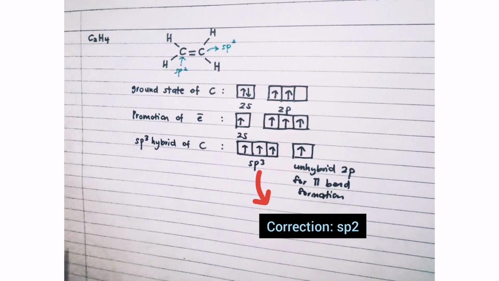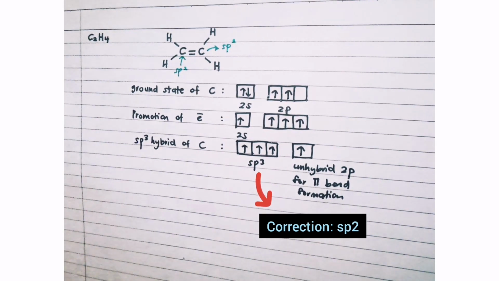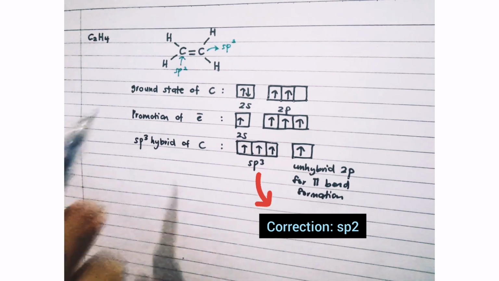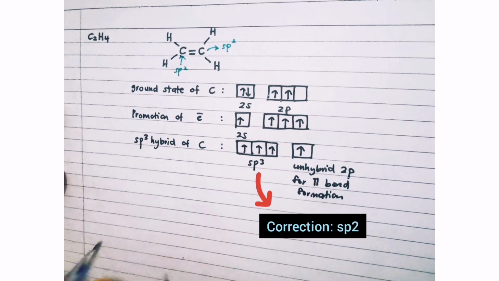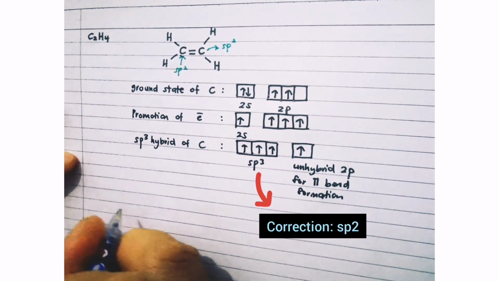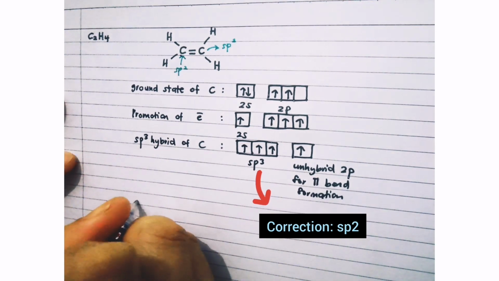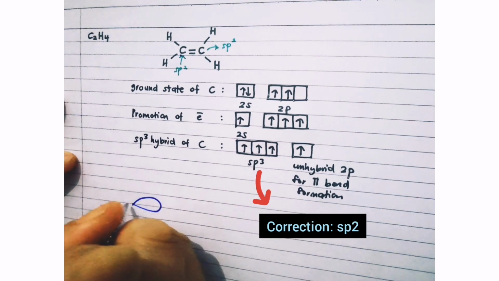Now we will show the orbital overlapping diagram of our molecule. We start with our first carbon, sp2. The arrangement will be trigonal planar, so we draw the trigonal planar shape first.